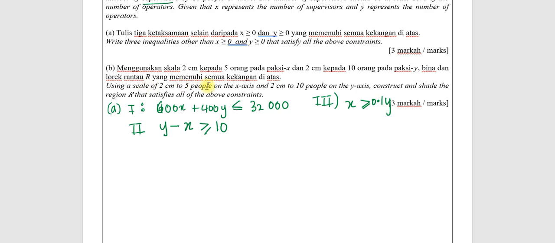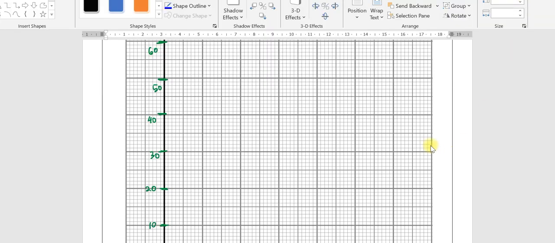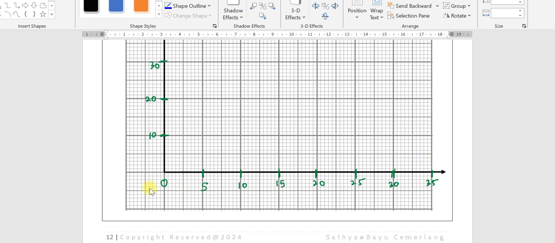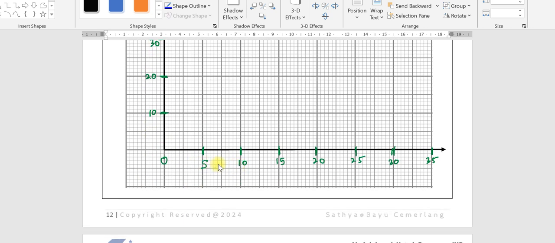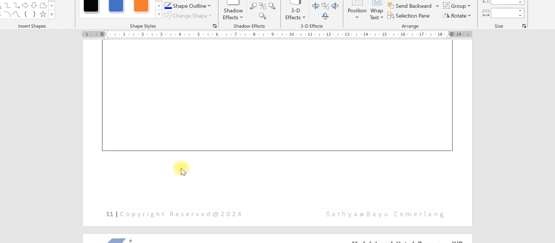Now you need to sketch this on the graph: 2 cm to 5 people on the x-axis, and 10 people on the y-axis. Let's make use of this graph. I'm going to pause the video and draw all the axes. Our graph is ready with the labeled axes: 5, 10, 15, 20, 25 on x, and 10, 20, 30 until 90 on y.